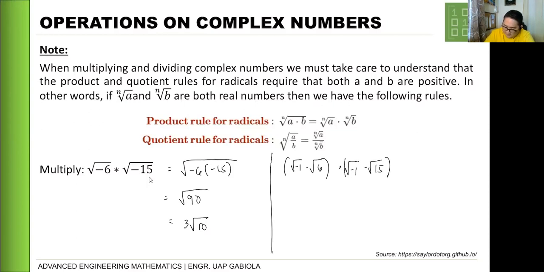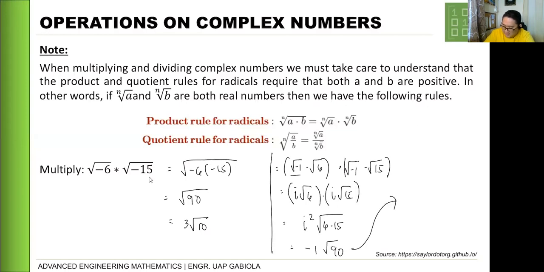Okay? So, ibig sabihin, ang solution dapat natin, gawin natin muna siyang square root of -1 times square root of 6, okay? Times square root of -1 times square root of 15. Okay? And then, mangyayaring kasunod is, ito is equals, I square root of 6 times I square root of 15. So, pag minultiply natin siya, that will be I squared square root of 6 times 15. So, magiging siyang negative 1 square root of 90.